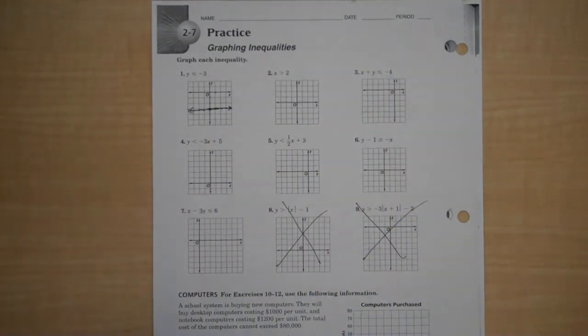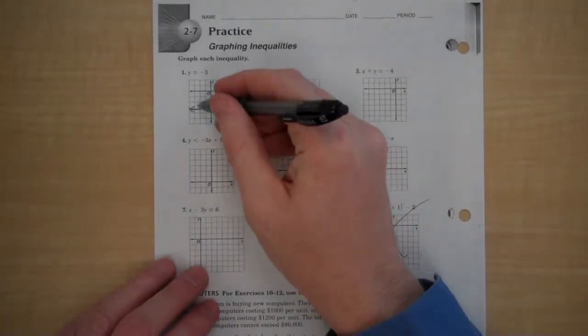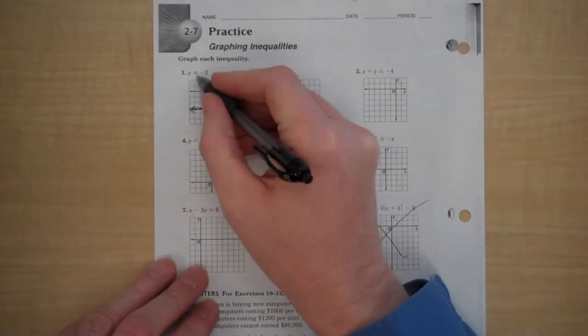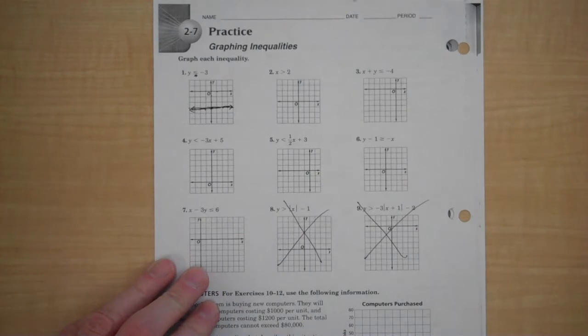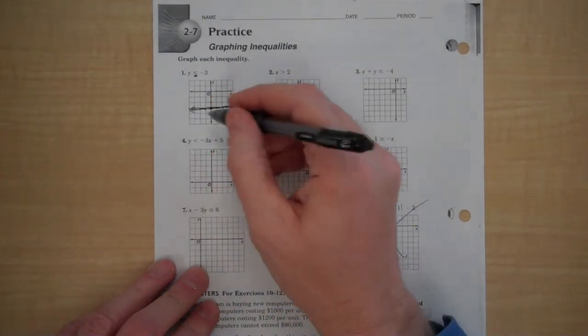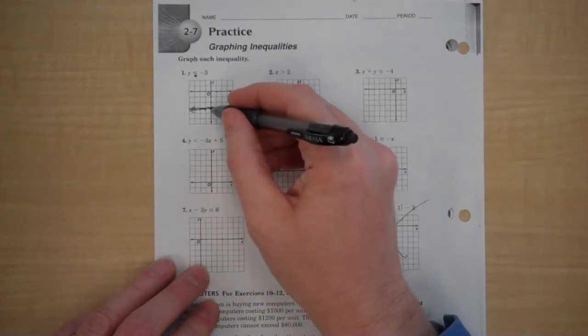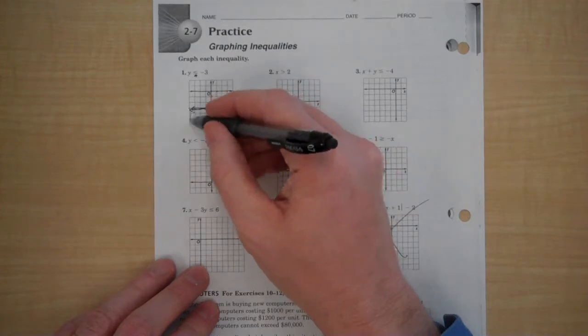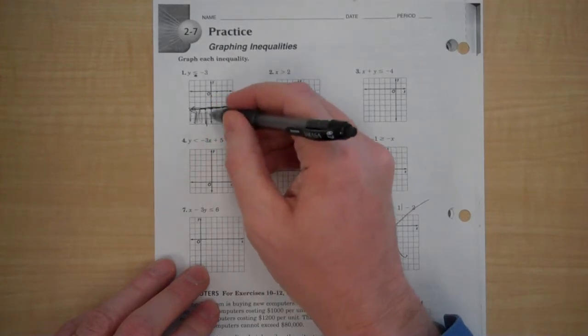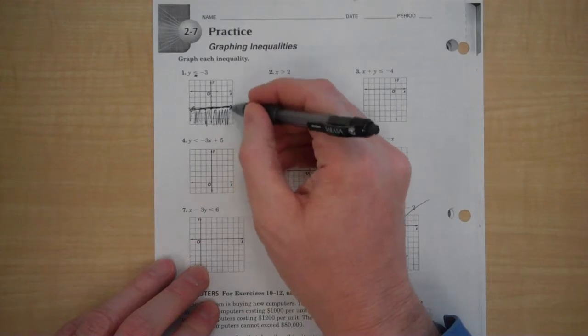The y-coordinate every time I said was -3. Now y equals -3 is part of the solution. So that line is part of the solution. Values that have y-coordinates less than -3 are below the line. So we're going to shade below the line.